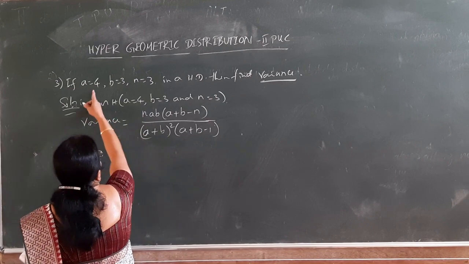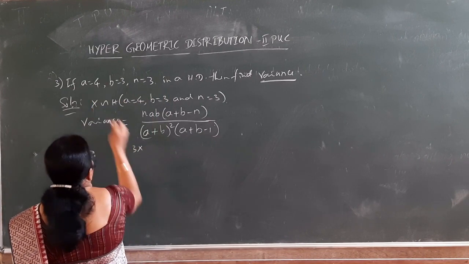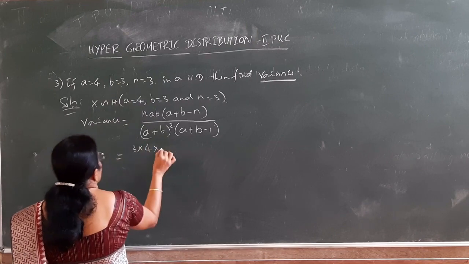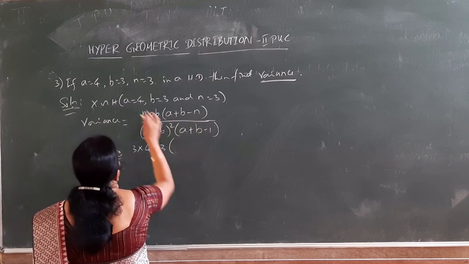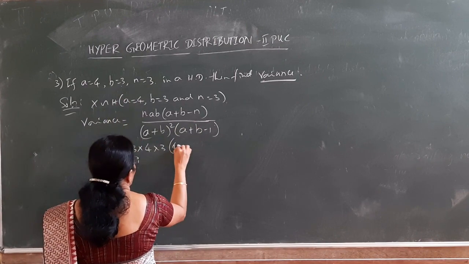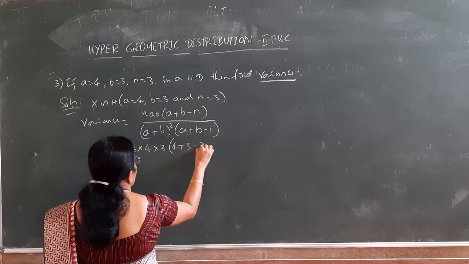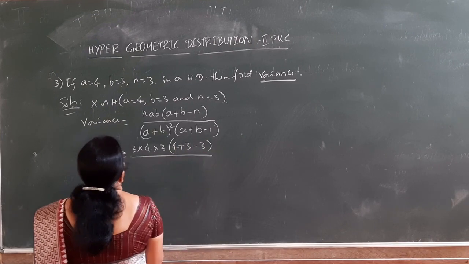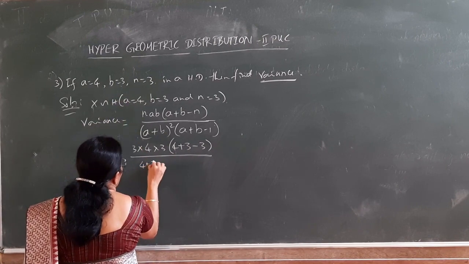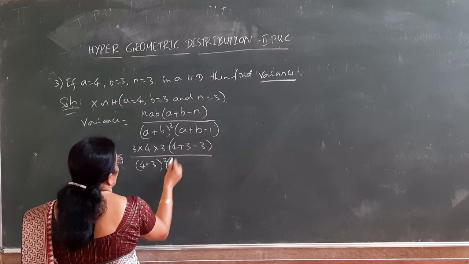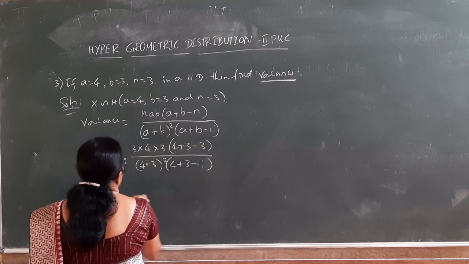First one, nAB: n is 3 into A 4 into B 3, into next (A plus B minus n), 4 plus 3 minus n, n is 3, divided by (A plus B) whole square, that is 4 plus 3 whole square, into (A plus B minus 1), 4 plus 3 minus 1.